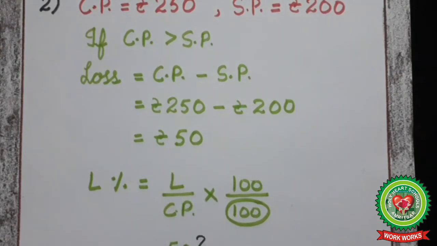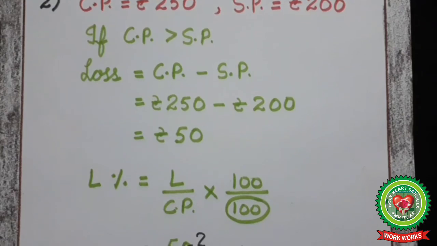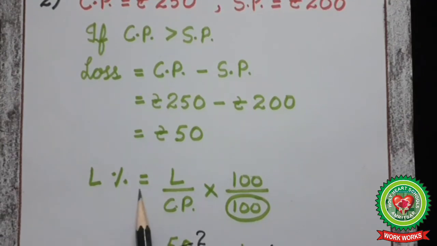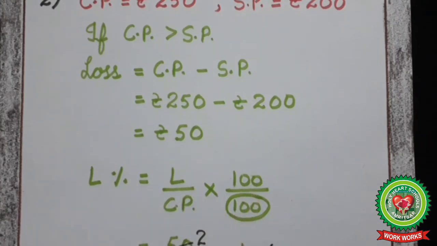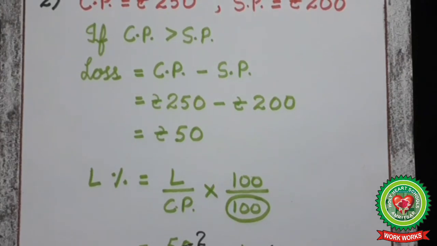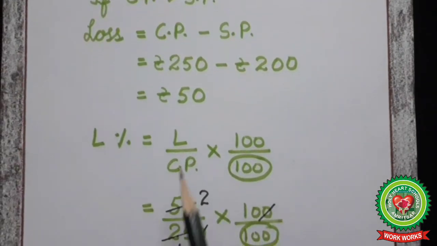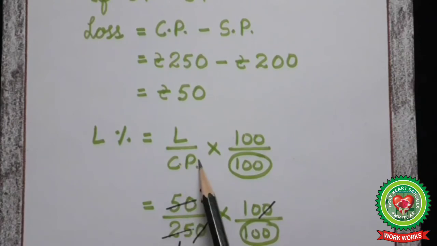Here loss is there, so we will find loss percent. So apply the formula of loss percent. Loss percent is equal to loss over CP multiplied by 100. After that, substitute the values. Loss 50, CP is 250 multiplied by 100.